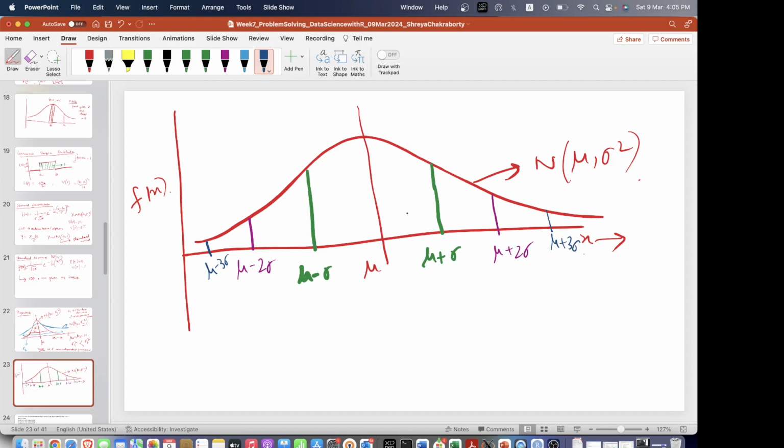So if this is a normal distribution, then this area is approximately 68%.